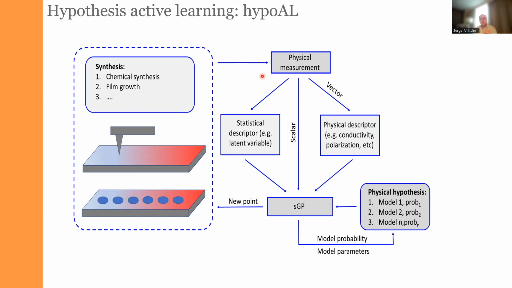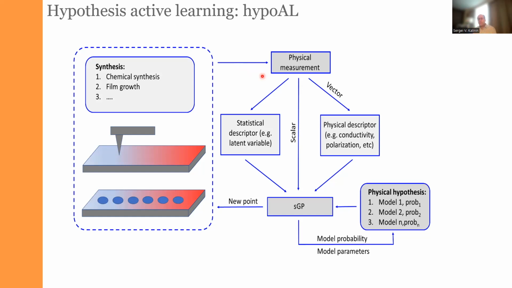So a question that you may ask is, what happens if we have several possible models? In scientific lingo, these would often be called hypotheses. So the hypothesis can be that we have a system that has a first order phase transition, or a second order phase transition. So it's either or.